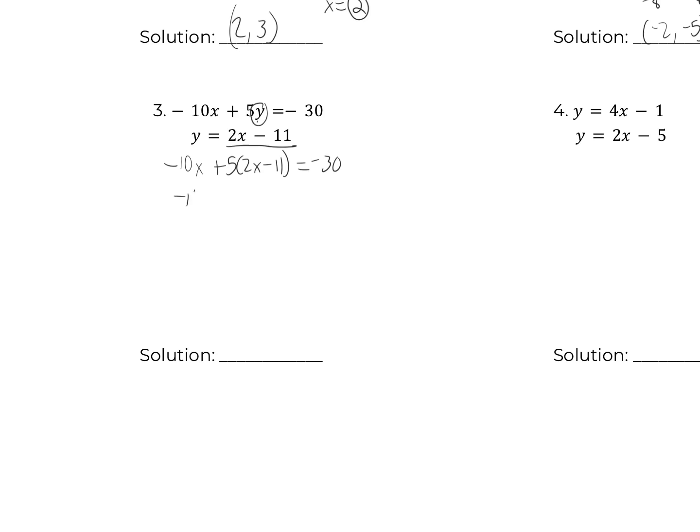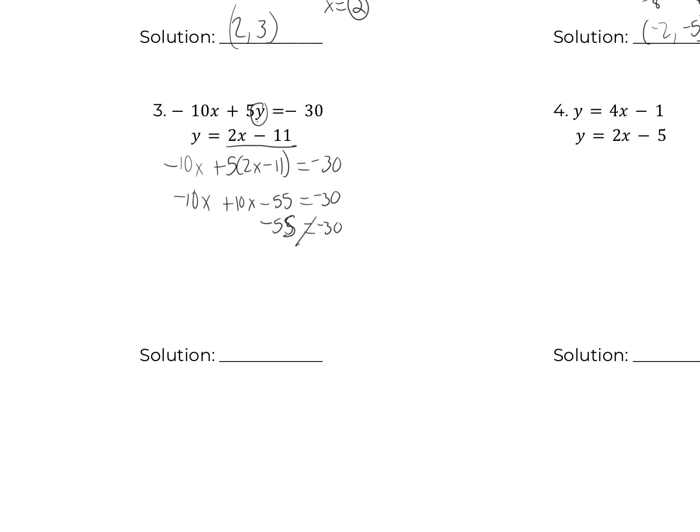And then -10x plus 10x minus 55 equals -30. Now I have a -10x and a +10x. When I combine those like terms, those cancel out. So all that's left is -55 equals -30. Now that is not a true statement.